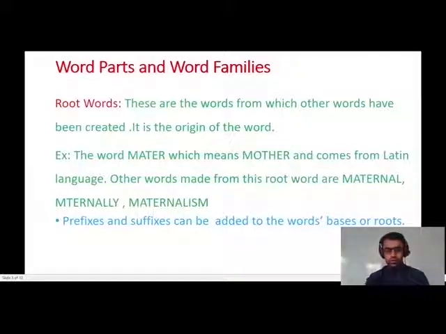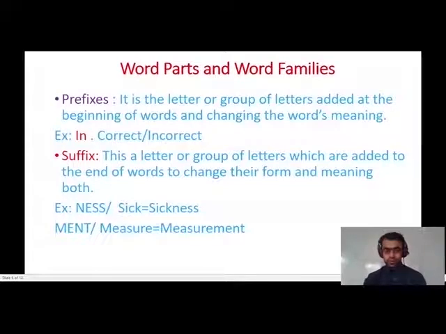Many of the words made from it are maternal, relating to mother, and maternally or maternalism. Many of the origin words in English are borrowed from other languages like Greek, Latin, and others. Prefixes and suffixes can be added to both bases and roots, and also infixes.